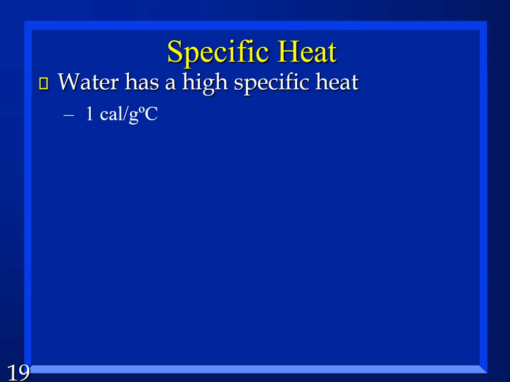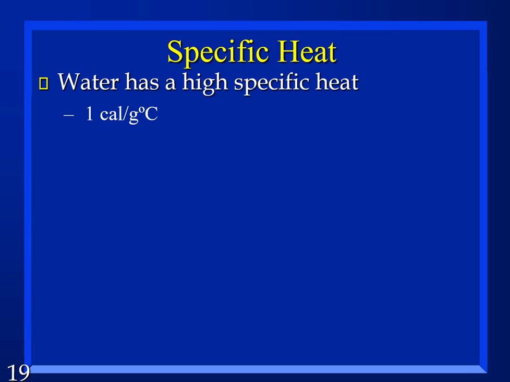Water has a really high specific heat. Okay, and the number is 1. Why 1? Well, because yesterday, our definition of a calorie was the amount of heat to change 1 gram of water by 1 degree Celsius.